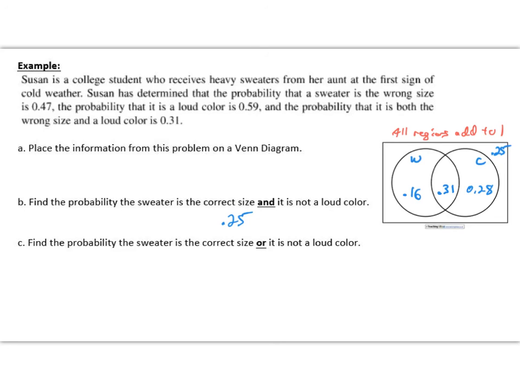Okay. What's the probability that the sweater is the correct size or it is not a loud color? That's a little bit different question here. Well, the correct size means that it's completely outside of circle W. So 0.28 and 0.25, that is 0.53.